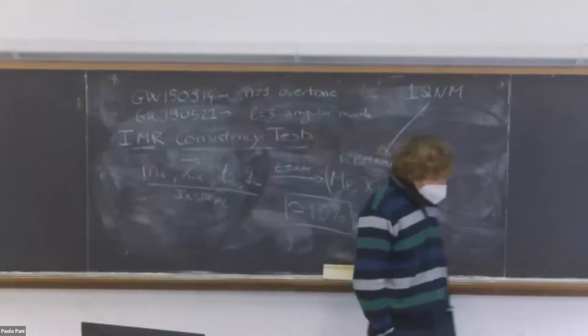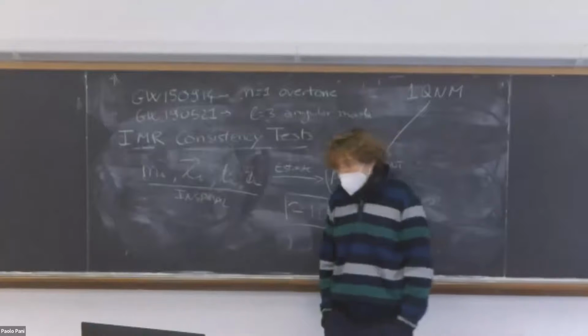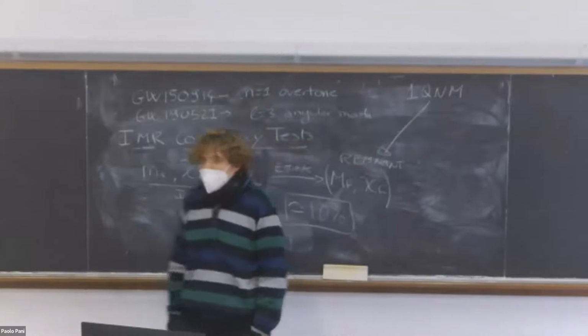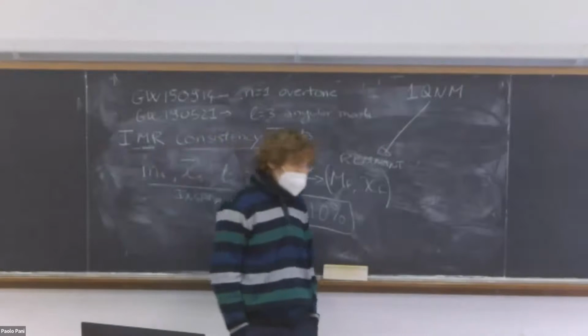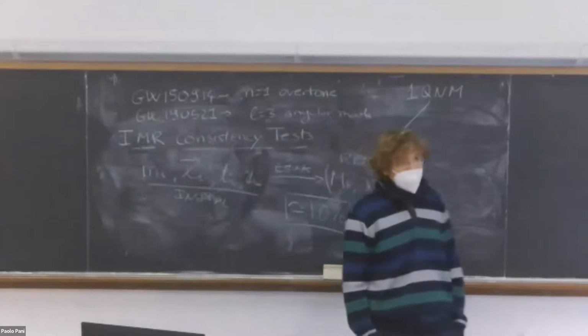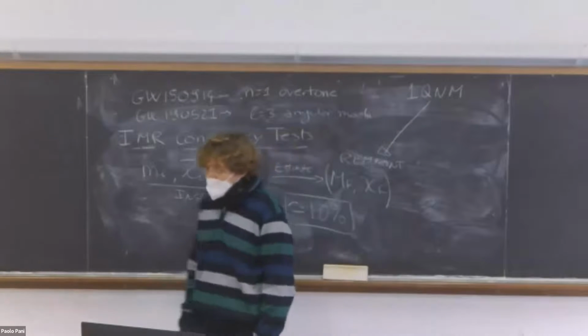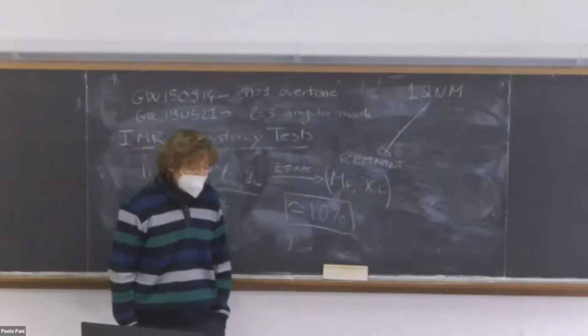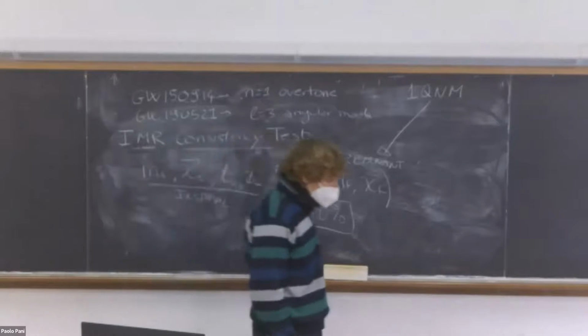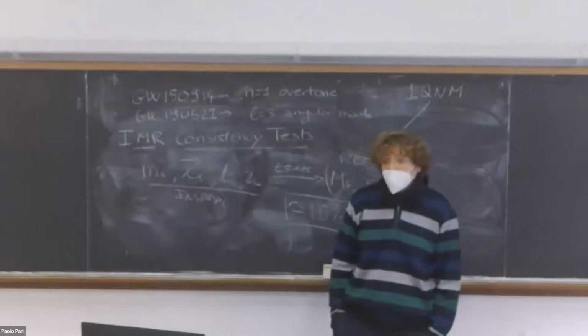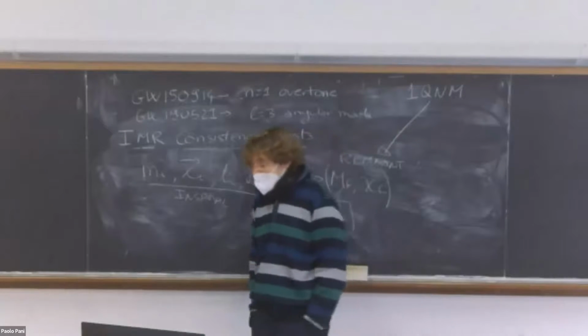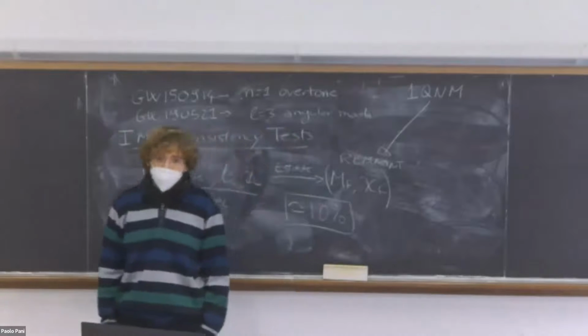In some sense, there are cases in which modified gravity is degenerate with, say, non-black hole sources. For example, what I mentioned yesterday: the quadrupole effect on the inspiral that enters at 2PN order, right?